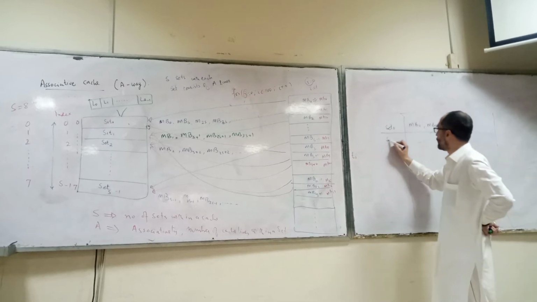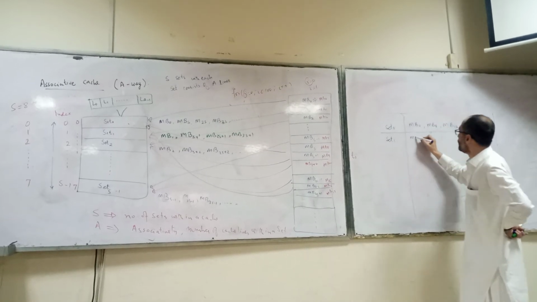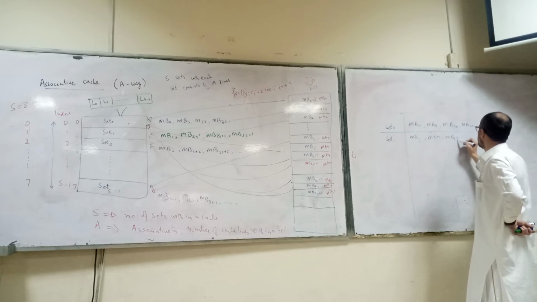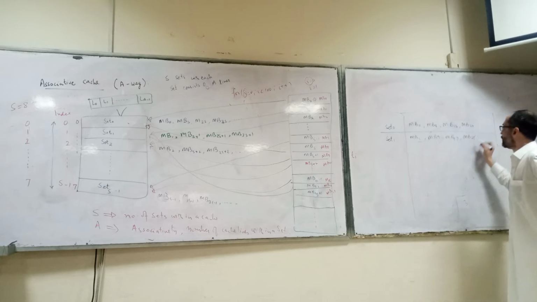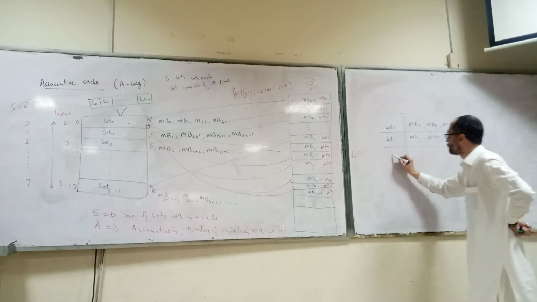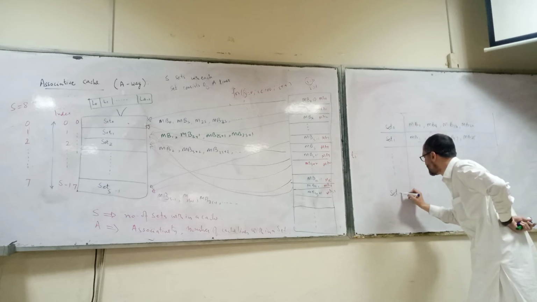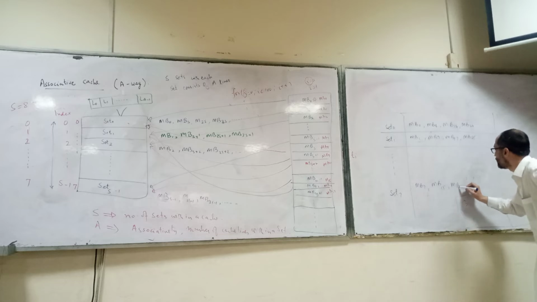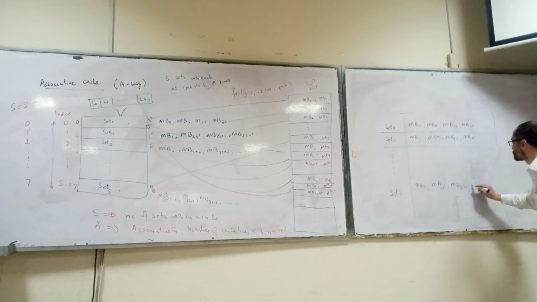If you look at set 1, MB1, MB9, MB17, and MB25. And so forth, if you look at set 7, it will be MB7, MB15, MB23, and so forth.